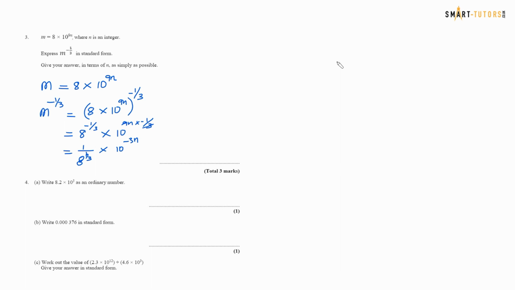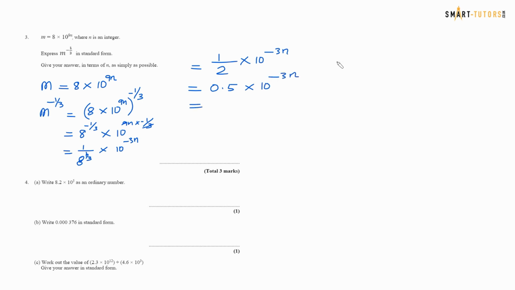So I'll start from here. I got 1 over the cube root of 8, which is 1 over 2, times 10 to the power minus 3n. Now 1 over 2 can be simplified to 0.5 times 10 to the power minus 3n.